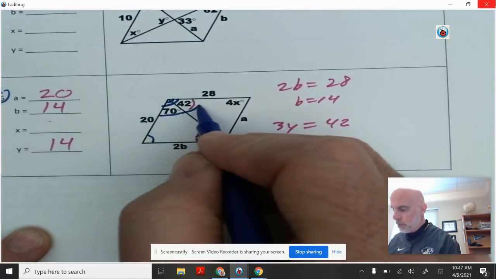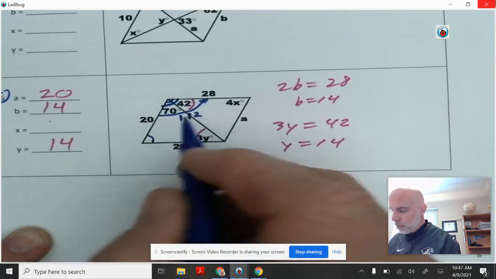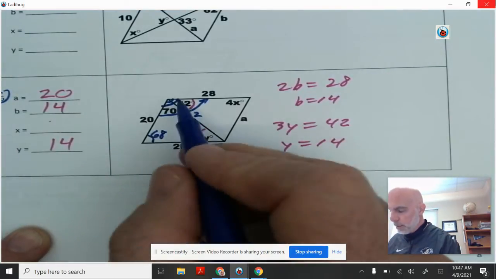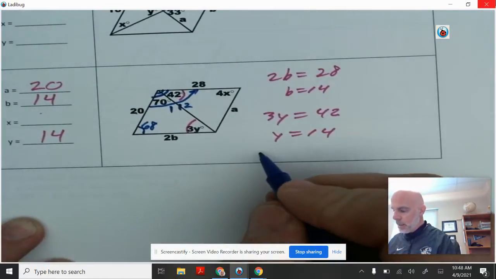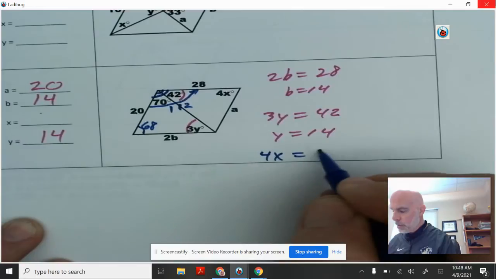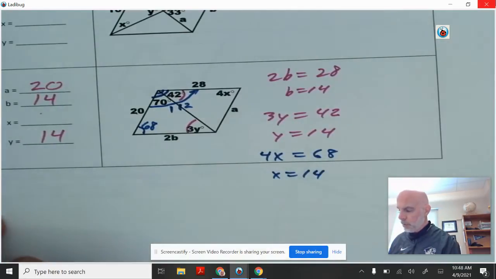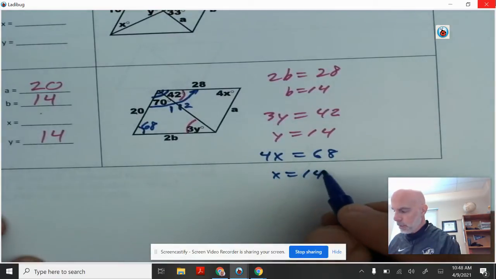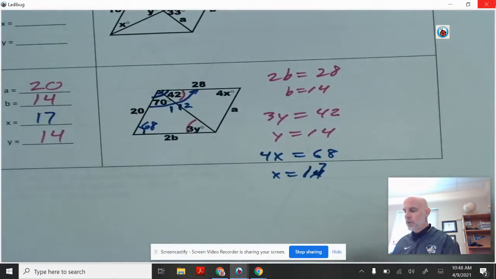From here to here is 112, which according to the same side interior rule means this should be 68. And that means this one up here should also equal 68. So my last equation right here is 4x should equal 68, and you get x equals 14, I believe. Is that right? No, 17. 17. All right.